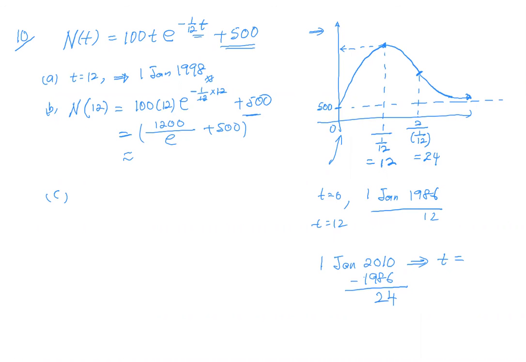Is it 24? Hello? Yeah. So you put in 24. Okay, so you just sub in 24. So this one, N of 24 will be 24,000 over e squared plus 500.